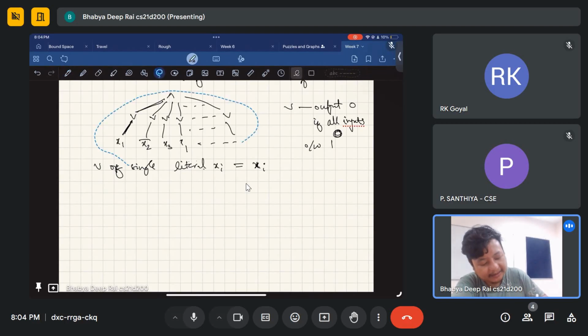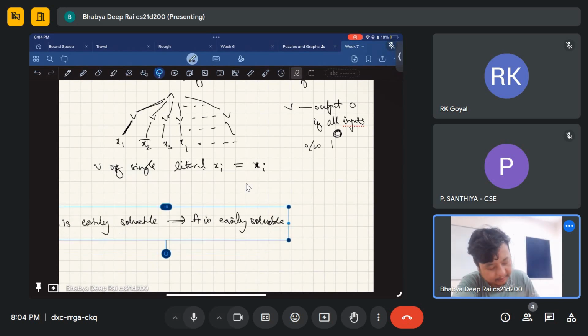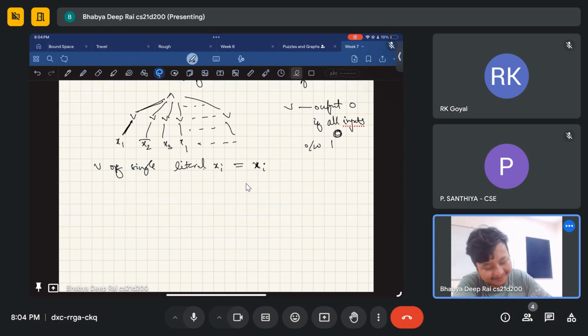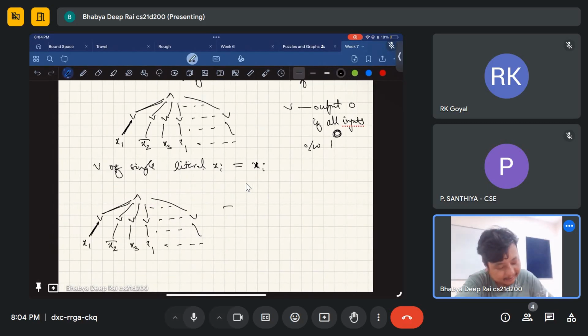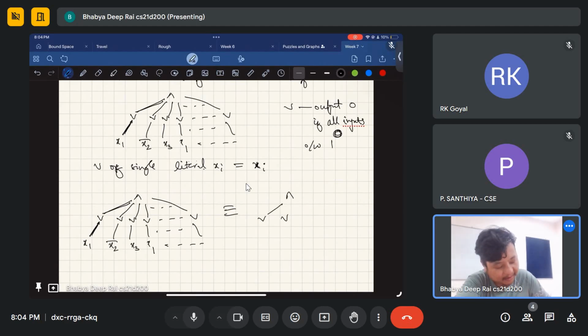So this is the same as an AND of ORs. Remove the OR gates and write x1, x2 bar, x3, x1, and so on.